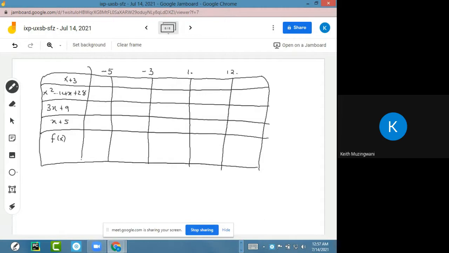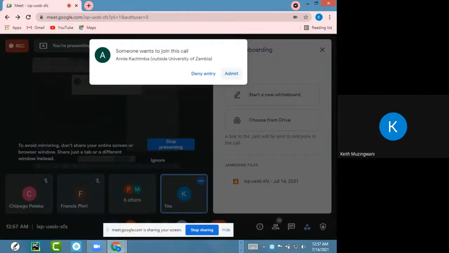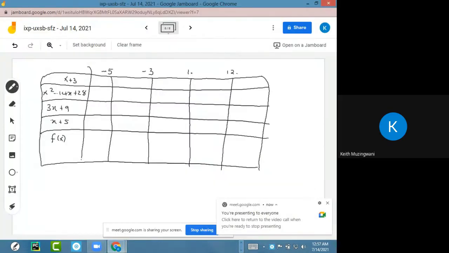So pick a number less than -5. A number less than -5 can be -6. A number in between -5 and -3, -4. A number bigger than -3 but less than 1, 0.